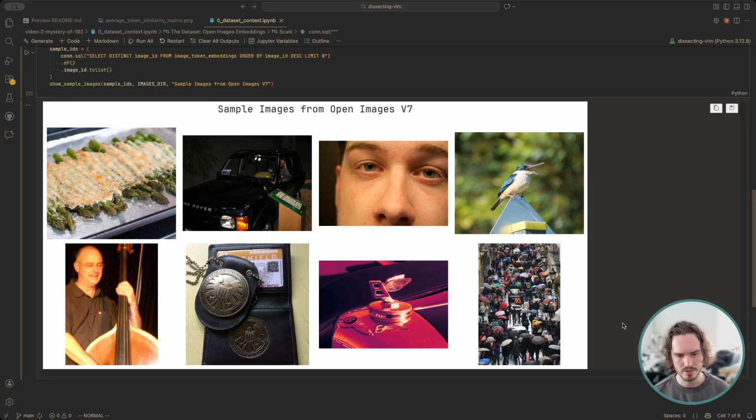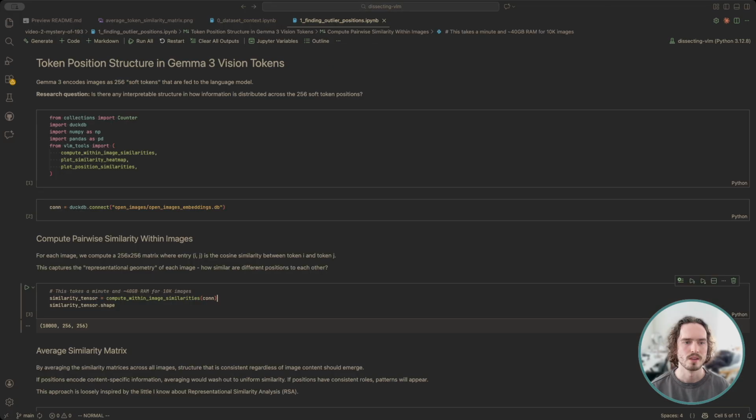It's not a huge data set, but I think it's statistically large enough that we can draw some real findings from it. I want to know if there's any interpretable structure in how information is encoded across our 256 slots. I began by looking at one image and computing a pairwise similarity across each slot.